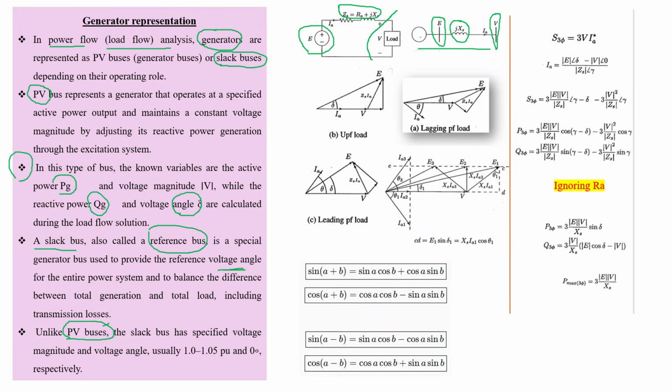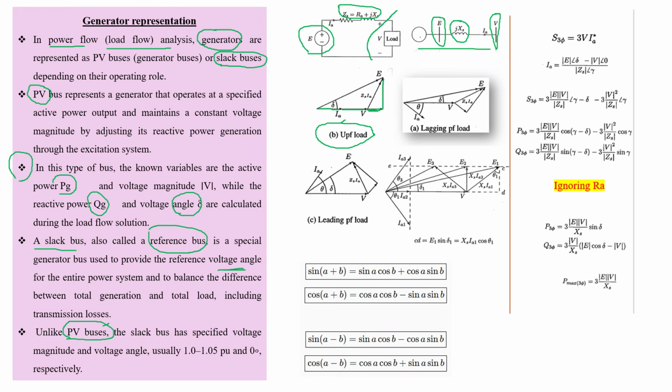For example, if it's working at unity power factor, the armature current and the terminal voltage will be in phase. Here is the armature current, and up to this point is the terminal voltage. In that case, we can develop a phasor diagram by using this relation. Since armature current and terminal voltage are in phase, the voltage drop due to internal resistance is in parallel with the terminal voltage, so it is additive on the terminal voltage, but the voltage drop due to reactance is perpendicular to the current.